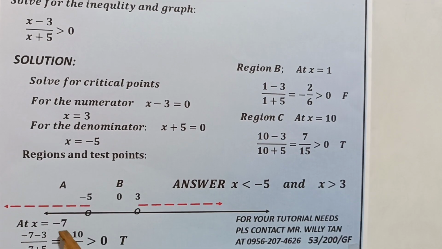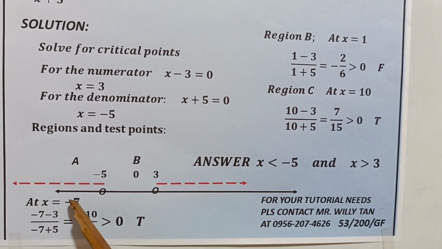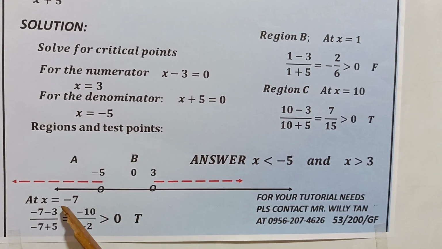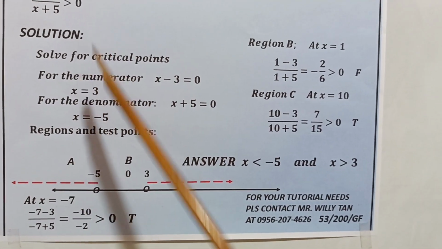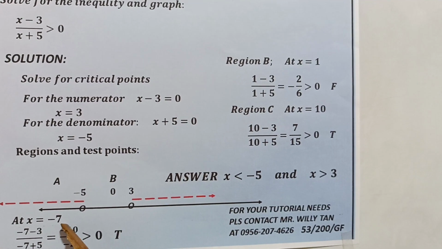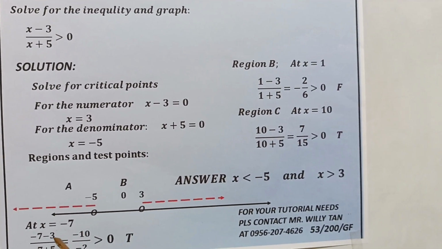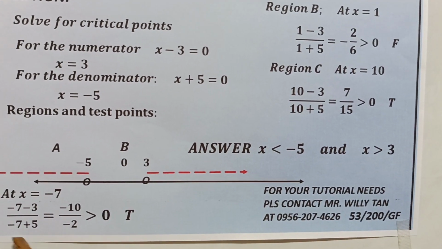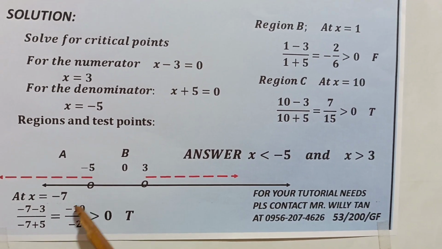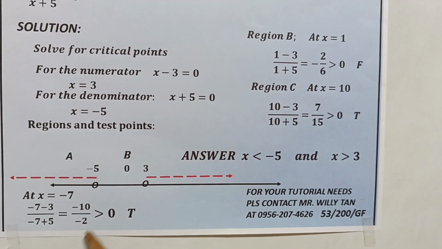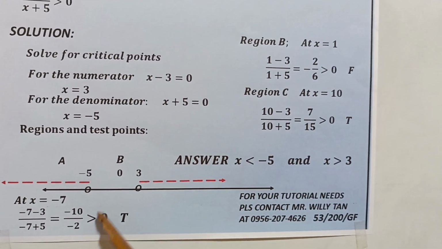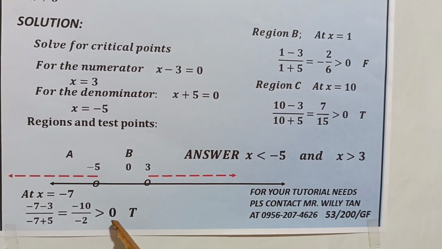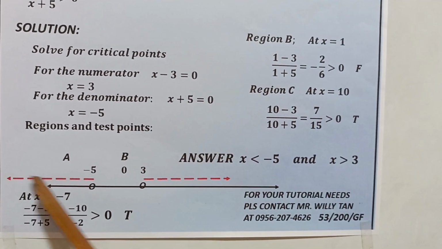For region A, we choose x equal to negative 7 and substitute it. Negative 7 minus 3 over negative 7 plus 5 gives negative 10 over negative 2, which is 5, greater than 0. So this region holds true.